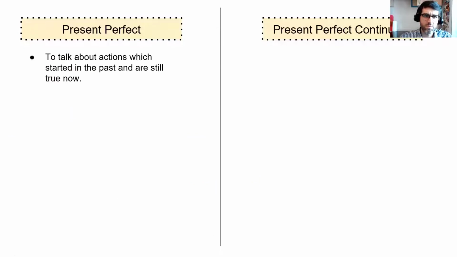Then you could have a screen like this to review some of the rules here. This PowerPoint presentation I'm showing is one that Katie actually used recently as part of a grammar refresher to review the main differences between present perfect and present perfect continuous.